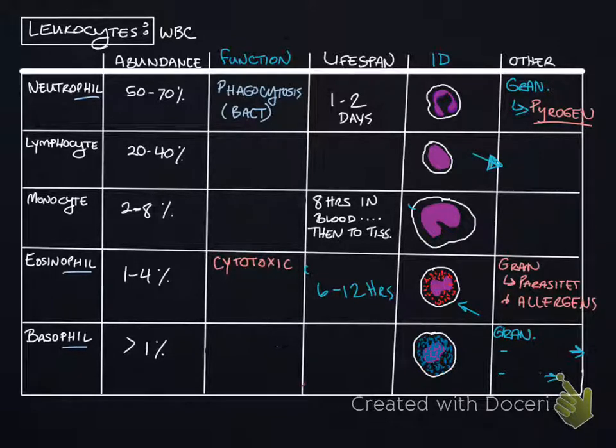Okay, and then the basophil. The basophil's function is predominantly inflammation. Its granules produce a chemical called heparin. You may have heard this word before, heparin. It's an anticoagulant, meaning it keeps things from clotting.